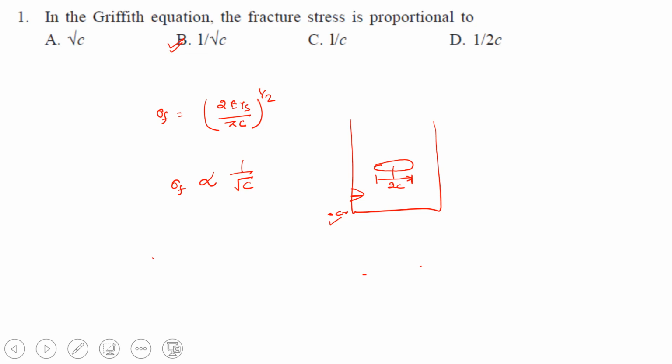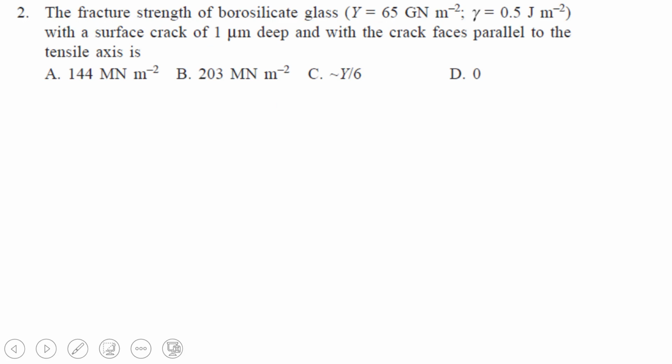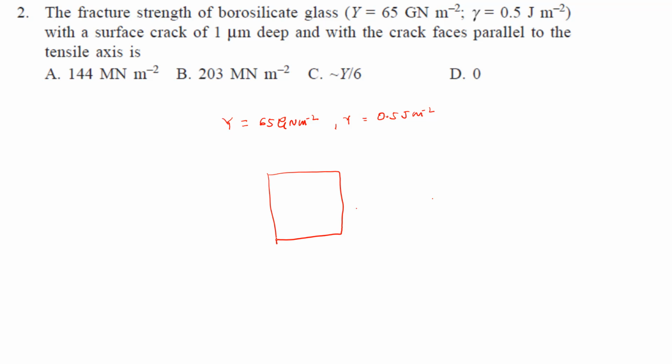Okay. Next, the fracture strength of a borosilicate glass where E is your Young's modulus, it is 65 gigapascal, and surface energy is 0.5 joule per meter square, with a surface crack of 1 micrometer deep and with the crack faces parallel to the tensile axis. Here there is a sample and there is a crack such that it is parallel to your tensile axis.